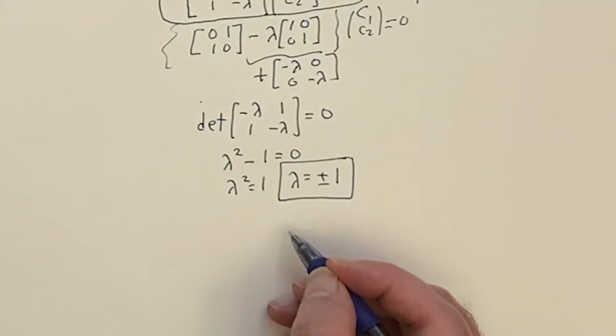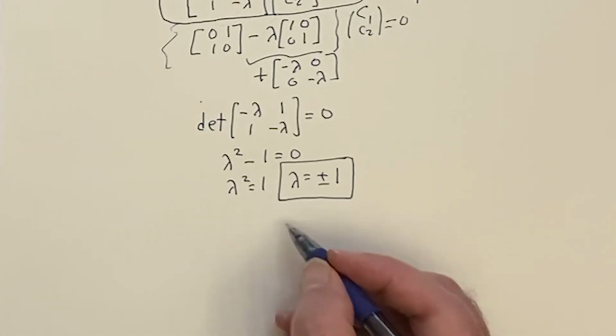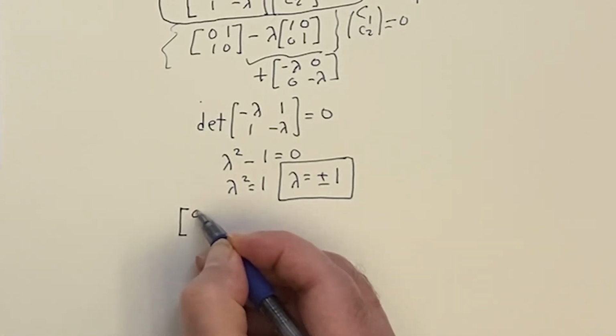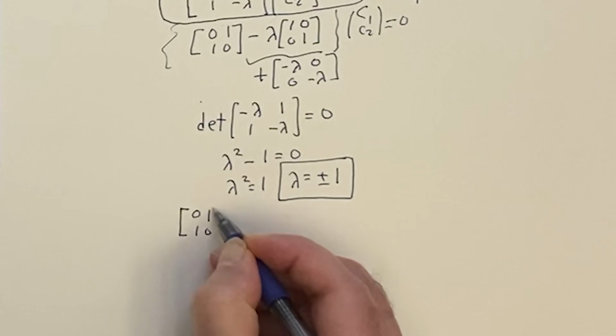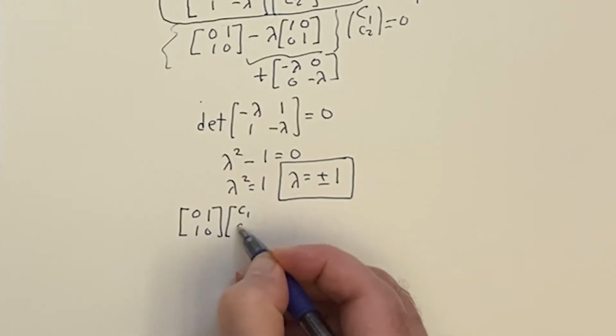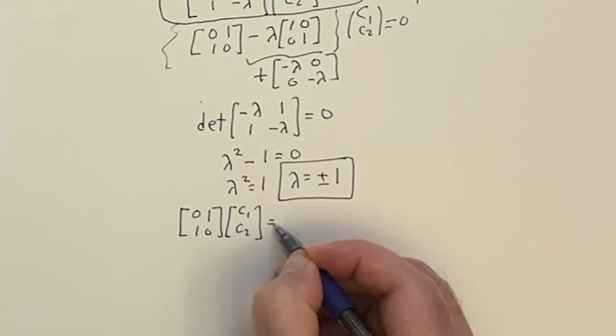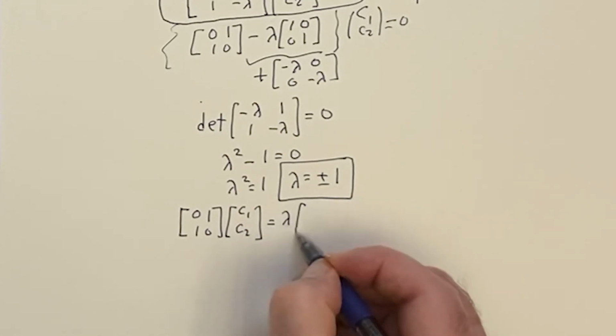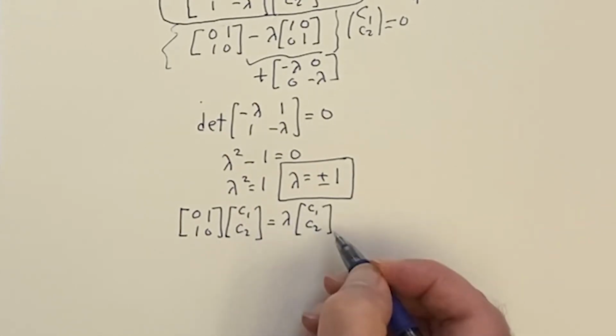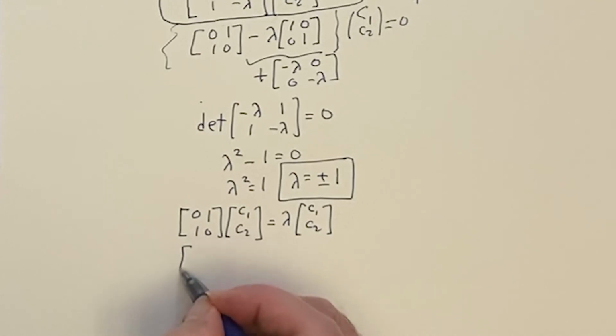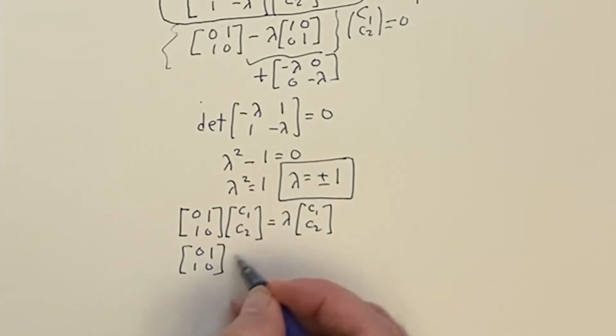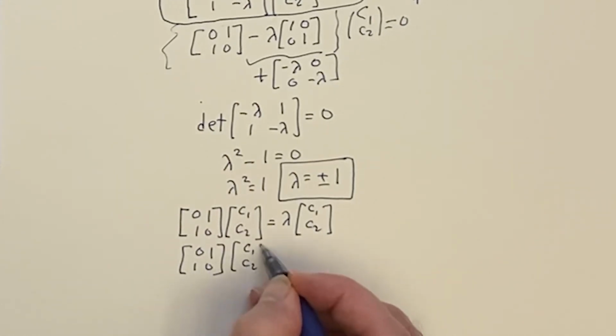Okay, so now what we want to do is find the eigenvectors. Here's our matrix, and if we multiply by C1, C2, we're going to have the eigenvalue here, and the first case is going to be 1.